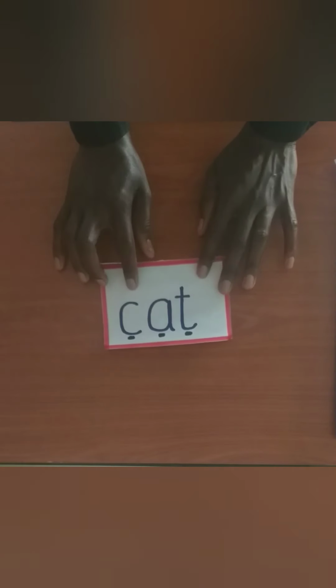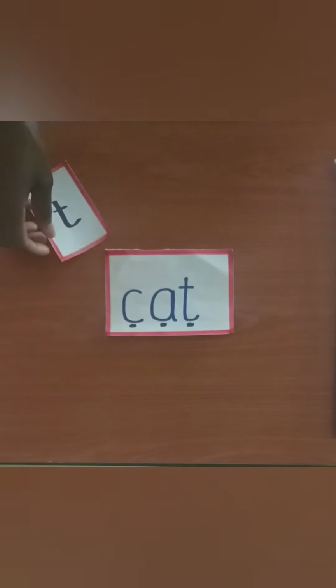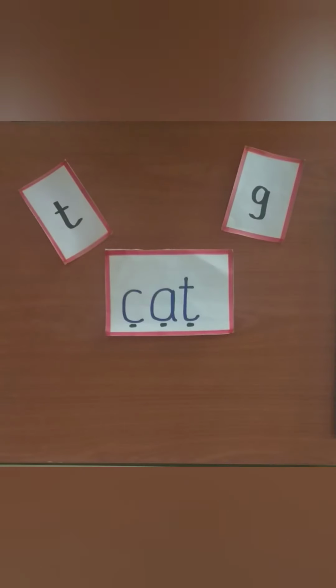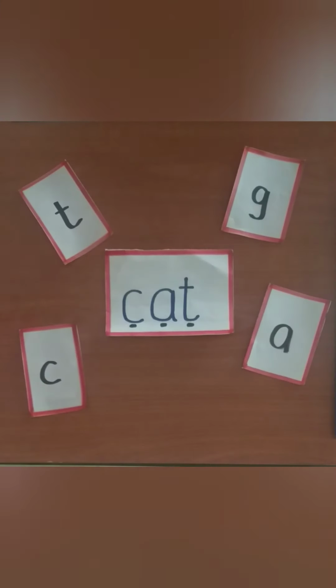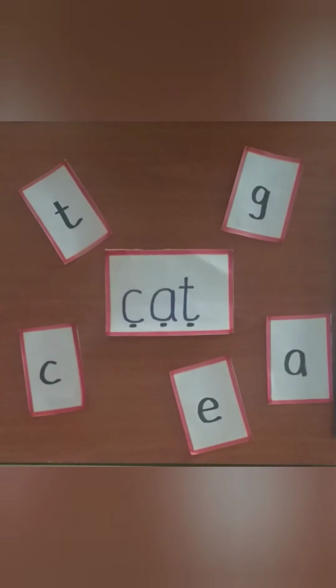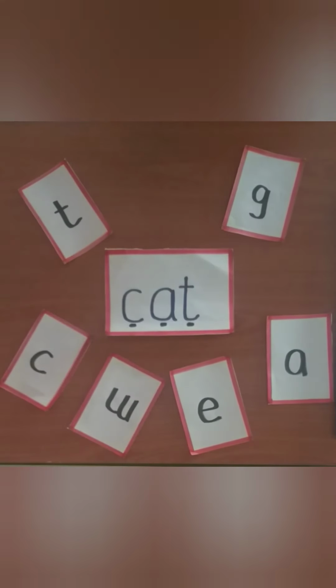You can also get a word and then you put it there, and then you tell the child, this word is cat, and then you surround it with different letters around it, and then you ask the child to identify the letters that are making this word, okay?